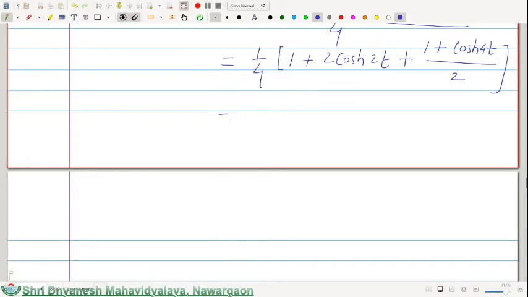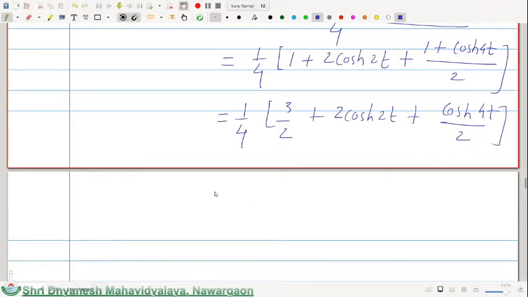Before opening this, you simplify this bracket first. So in the bracket, on separating the denominator, this will be 1 plus 1 upon 2, that is 3 by 2, plus twice cosh 2t plus cosh 4t upon 2.